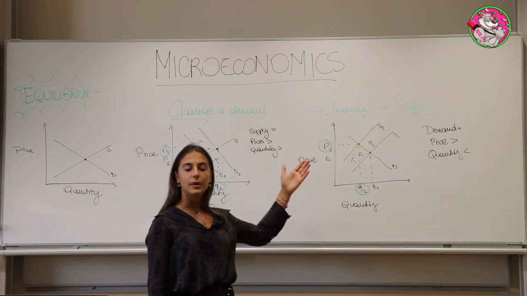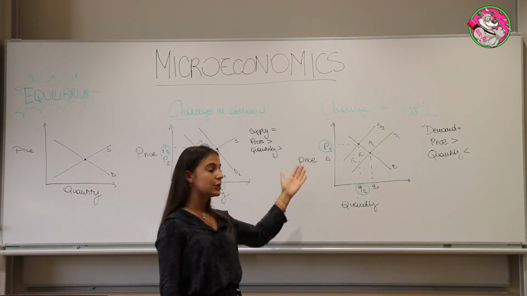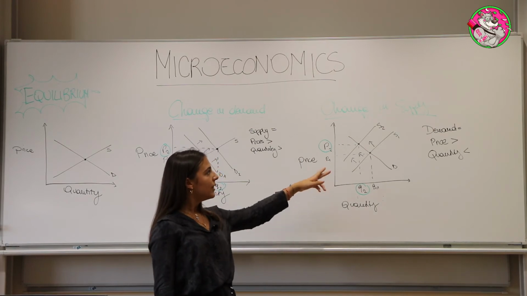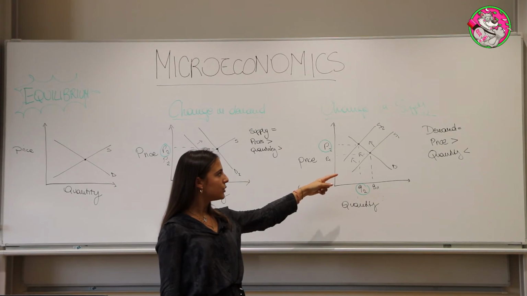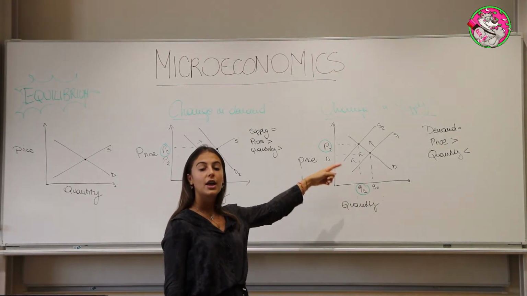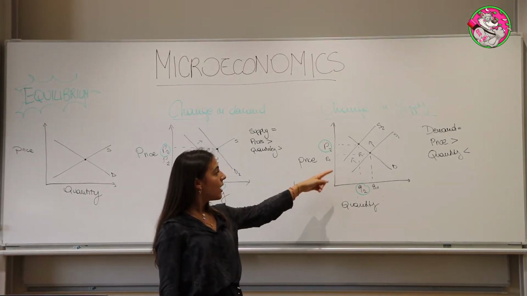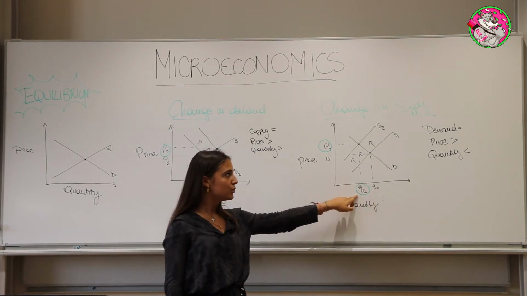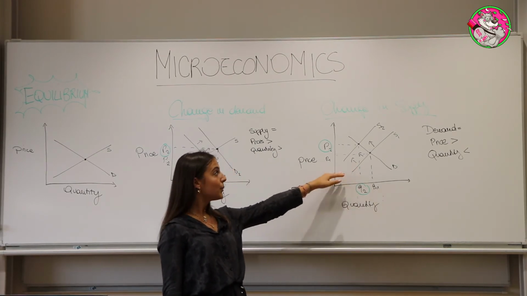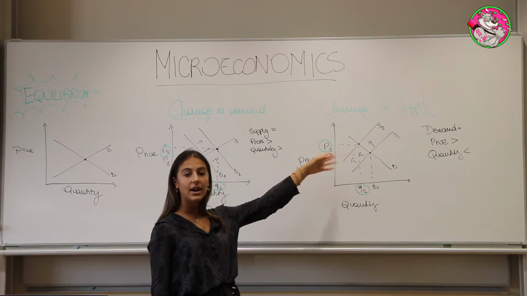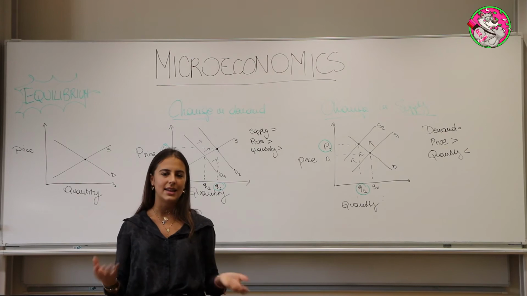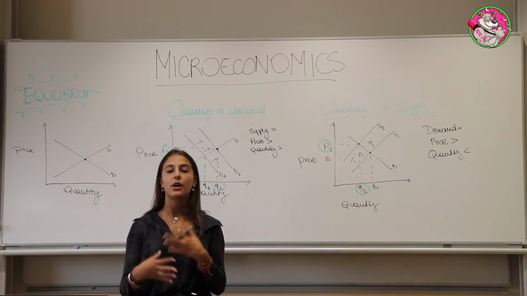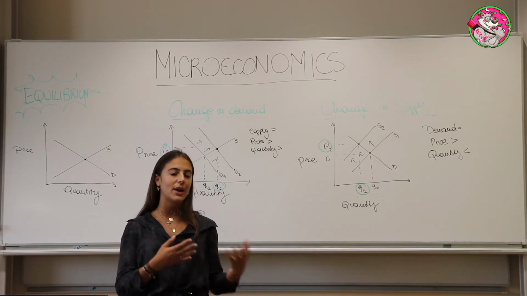Otherwise, if we have a change in supply, so let's say in this case the supply curve shifts, then we have less quantity produced, so quantity will fall, prices will get higher, and the demand will remain constant.